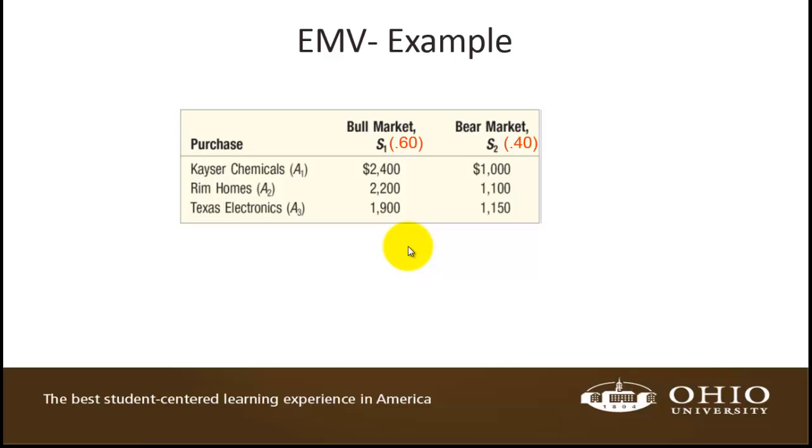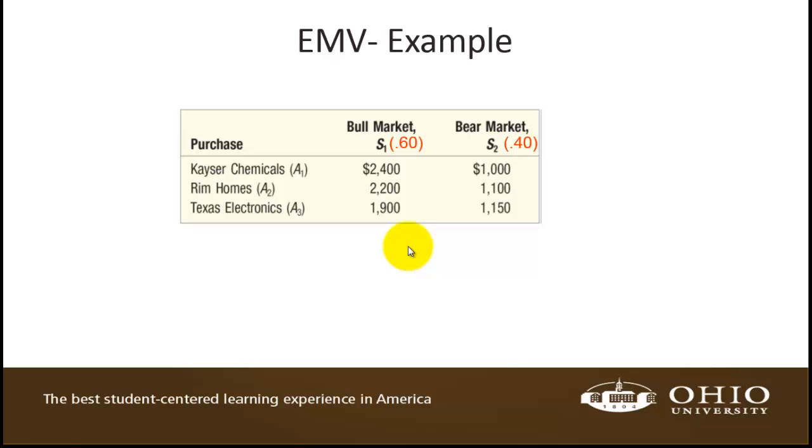So let's look at how we would calculate the expected payoff or expected monetary value for each of those different alternatives. Let's look first at Kaiser Chemicals, where we understand that the probability of a market rise is 60% and the probability of a market decline is 40%.